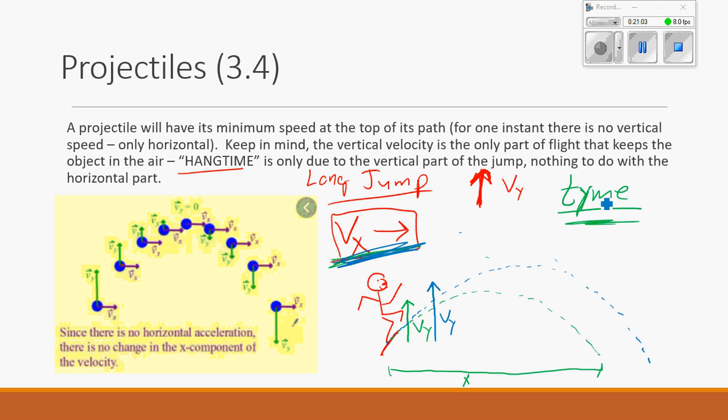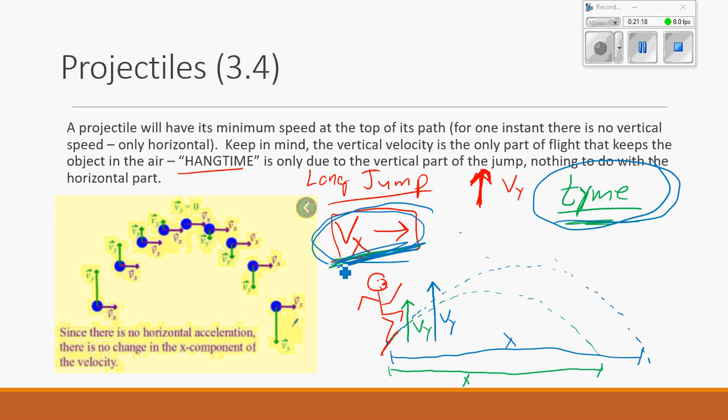And if he goes higher in the y direction, he has more time for your velocity in the x direction to work. And therefore, even though he's going the same speed in the x velocity, he gets more time to jump and move in the x displacement. Therefore, he has a longer long jump.